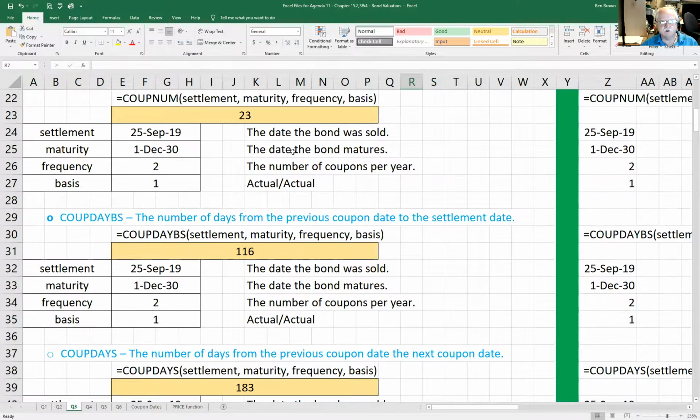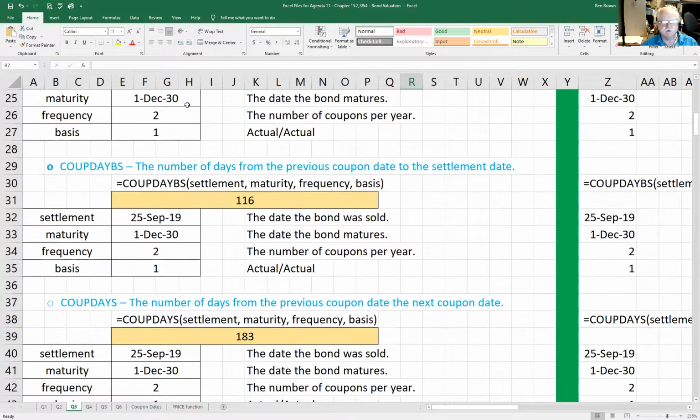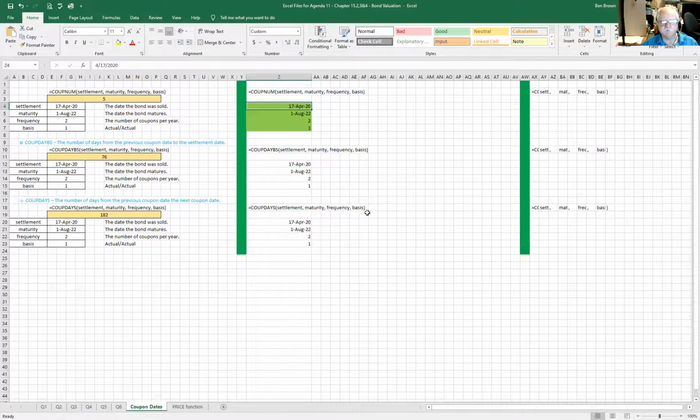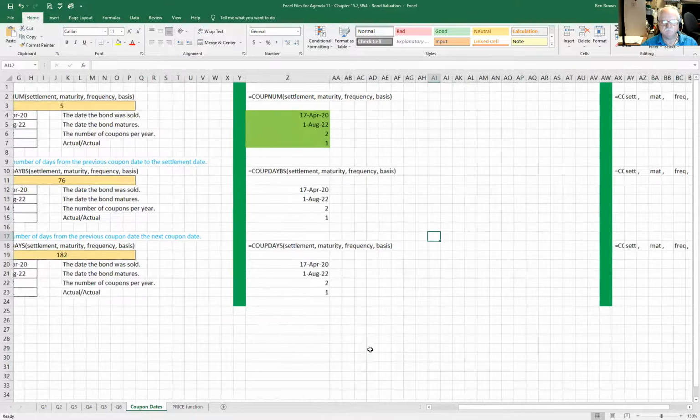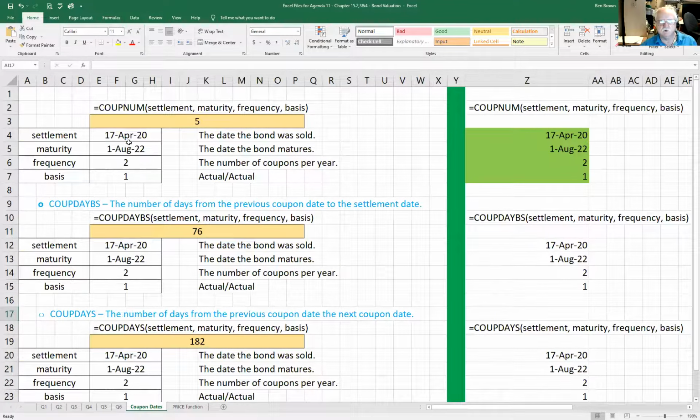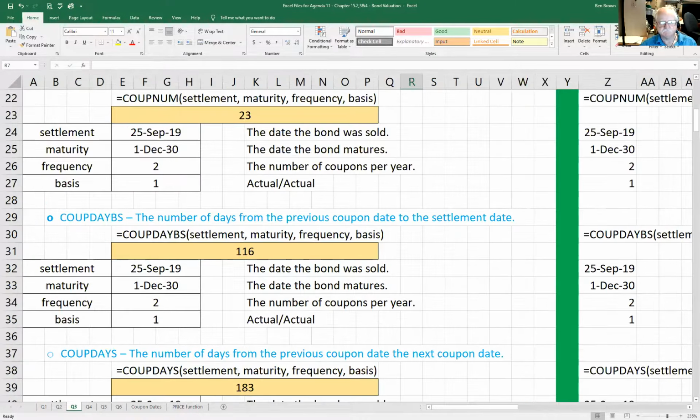So we're always going to look at these three calculations. And because we're always going to look at these three calculations, I've put them over here for you in this table. So when you're using this table, just fill in the dates in this green box. Don't touch anything else. And we'll come back here in a minute and we'll use it.